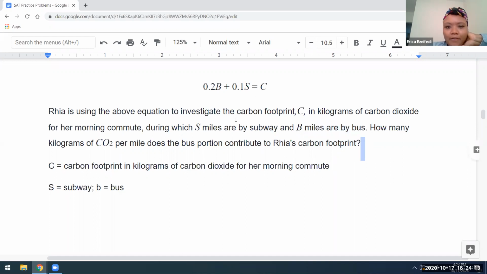So if S miles are by subway, that means that looking at the equation, the CO2 or the carbon footprint from subway miles is going to be 0.1 times however many miles you go by subway.